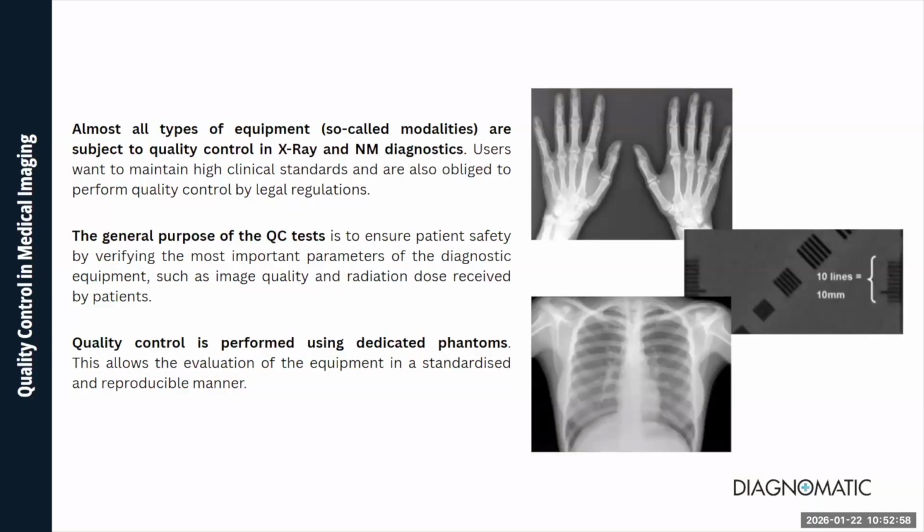Maybe we need to calibrate the machine. Maybe we need to call the service to validate that it's not broken, not to allow the patients to be overexposed, to receive too much radiation dose, not to harm people.